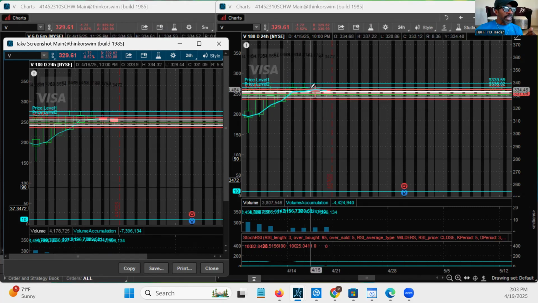But if it came and opened up above this support, let me show you that.